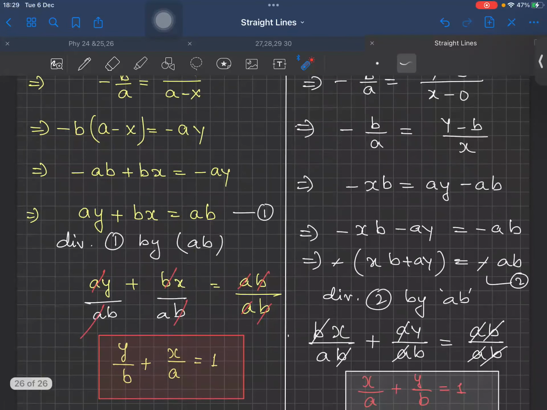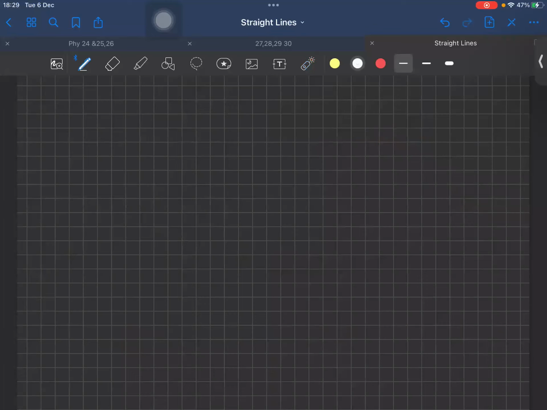Okay, now solve a problem. Give me a minute. Solve NCERT exercise 10.2. Everyone has got the book, right?